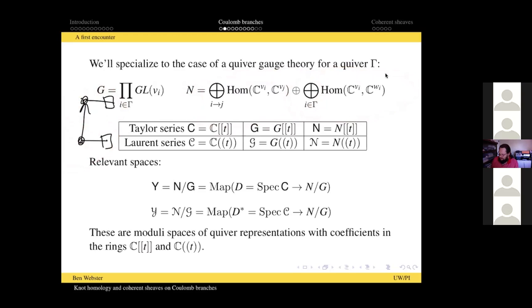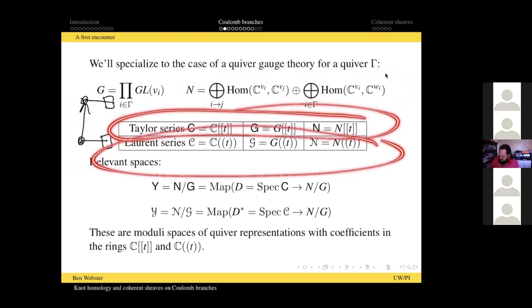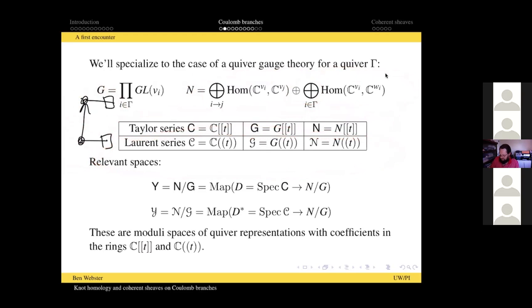All right, and then we do something which, you know, I've been thinking about quiver representations for a long time, and I've never thought to do this, which is you look at the Taylor series and Laurent series versions of everything. And so I'm always going to use sans serif letters for the Taylor series and fraktur for the Laurent series. So you can take the Taylor series versions of these.